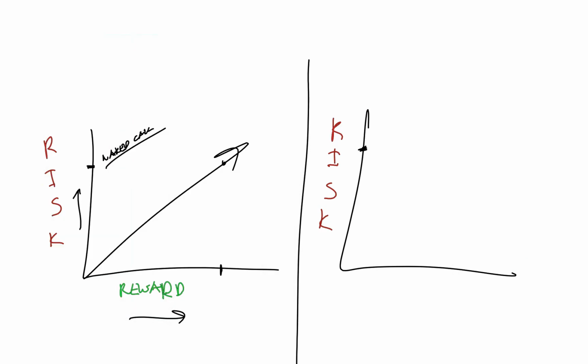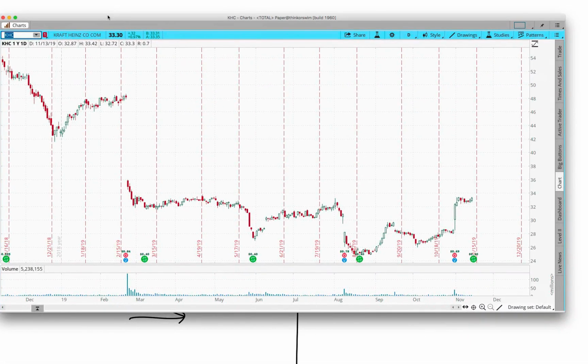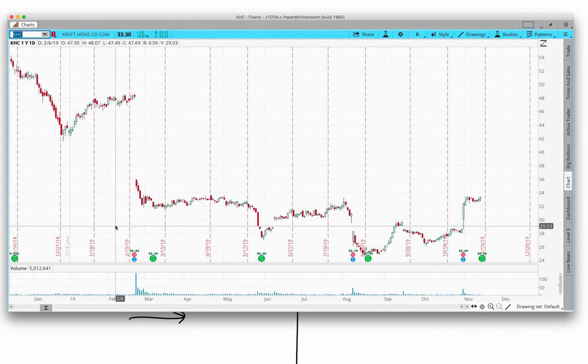So as we start wanting to get closer to infinite return, having no money in the deal, and we want better and better rewards that pay us at a higher rate, we start taking more risk. Now, what else makes this a risky trade? Most people wouldn't have made this trade because, up here, this is hilarious.